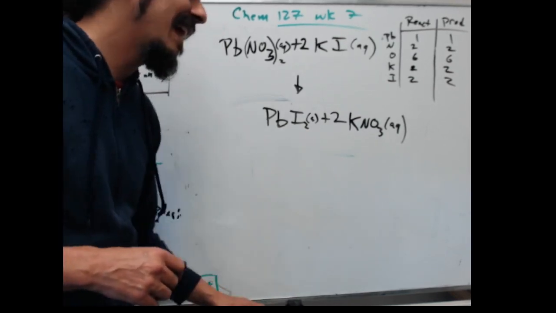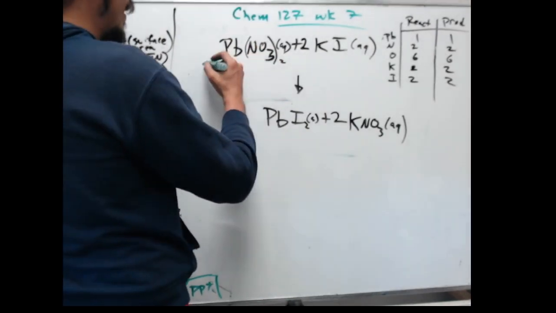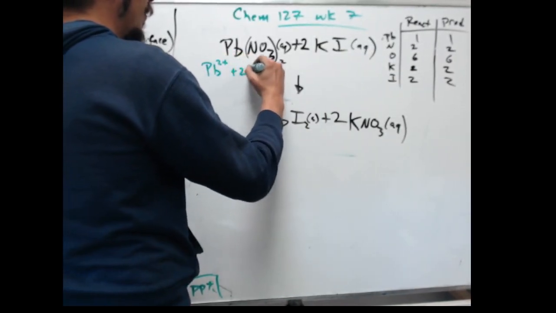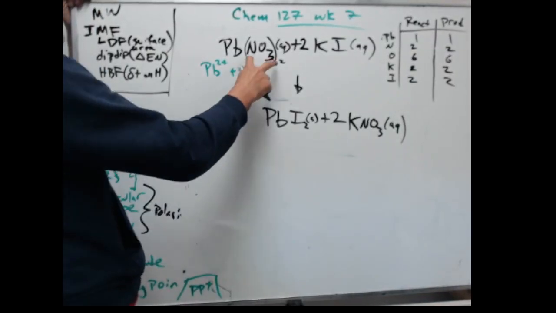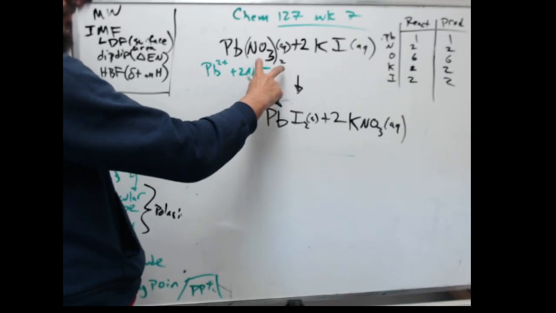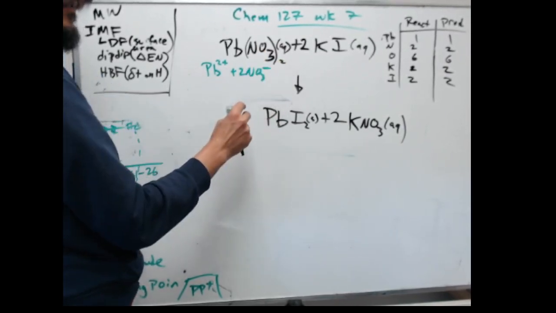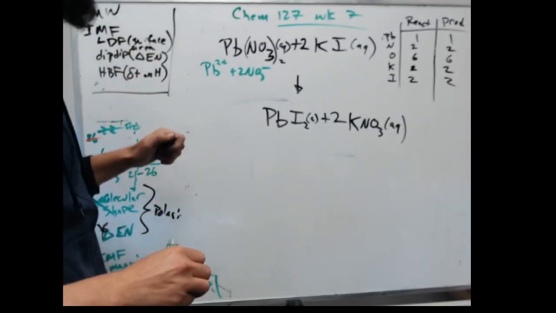How do we get this to net ionic? So this aqueous thing, this lead nitrate, is going to go to Pb2 plus 2 NO3 minus. Right? It's not 1 NO3, it's 2 nitrates, remembering that it's a crystal structure with a lead and a nitrate and a nitrate.